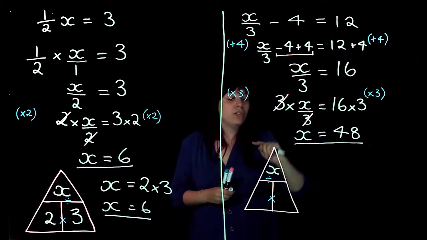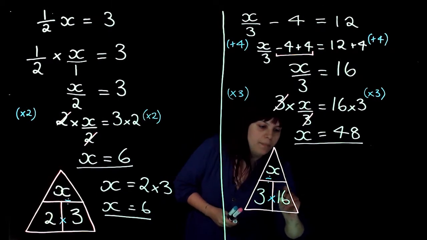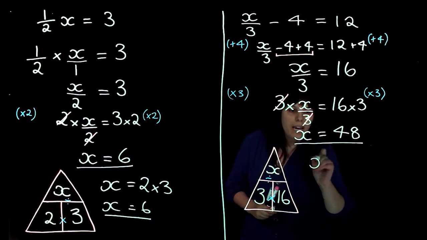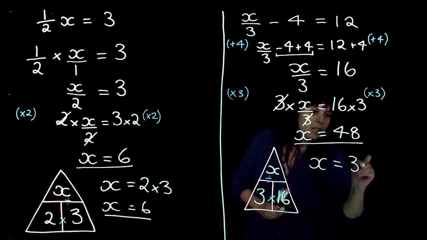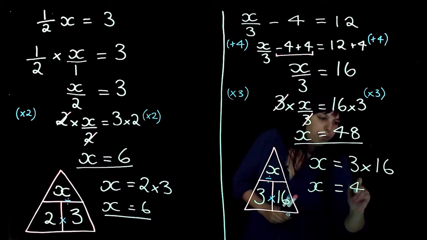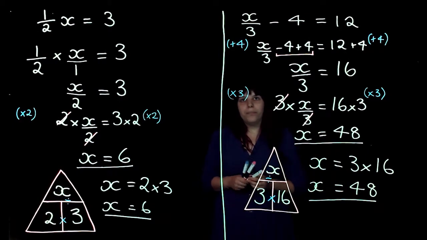So I've got the x on the top, I've got divide by 3, and I've got the 16 over here. So again, if I just cover up the one I want, I get x equals 3 times 16. So x equals 48. And there we have our second solution.